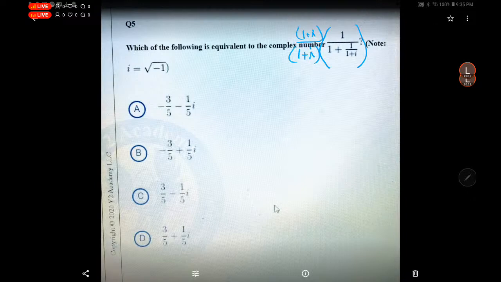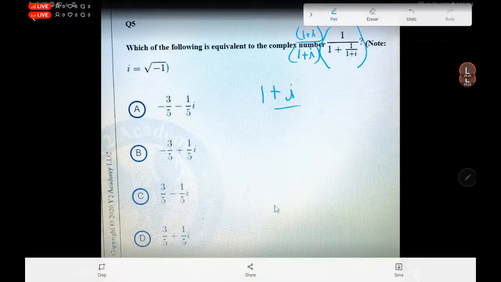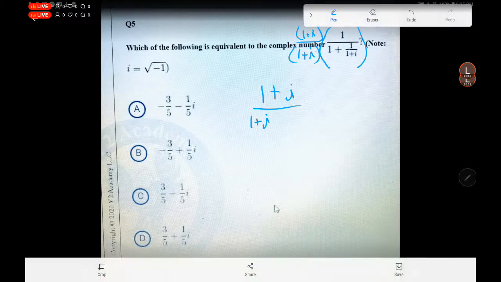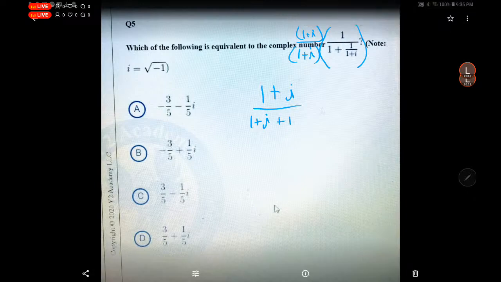When we multiply the numerator by 1 plus i, we just get 1 plus i. When we multiply the denominator, 1 plus i times 1 is 1 plus i, and 1 plus i times 1 over 1 plus i is just 1. So we get right to that stage we were at before, 1 plus i over 2 plus i.